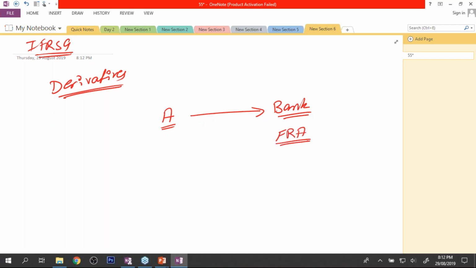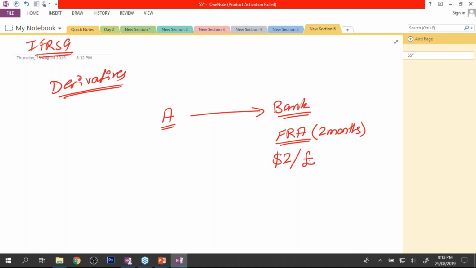Forward rate agreement means that I'm going to buy something in the future, and it's a 2 months forward. This means I'm going to buy something after 2 months. And we lock a rate that I'm going to purchase 1 pound for $2. It's an exchange rate. This is my agreement with the bank.